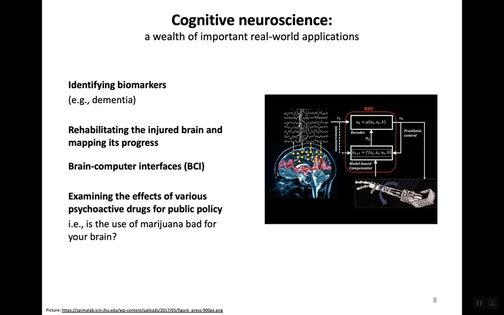Then we can divert the inputs that we record from specific parts of the human brain to the control of a robotic arm, and that can allow us, let's say, to turn on our computers, read our emails, or even control a wheelchair when otherwise we would be deprived or severely impaired in our ability to move.